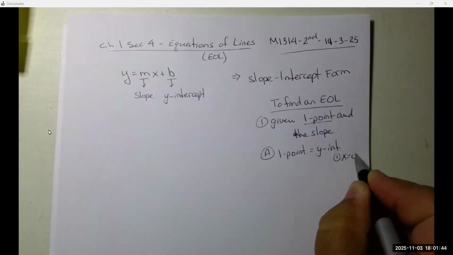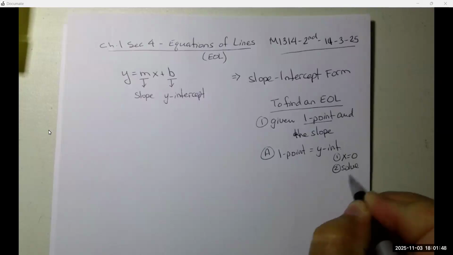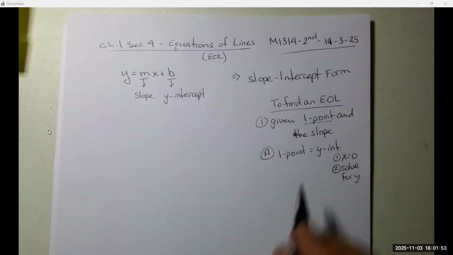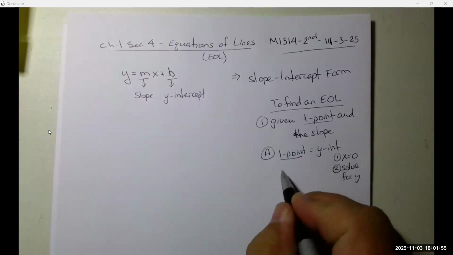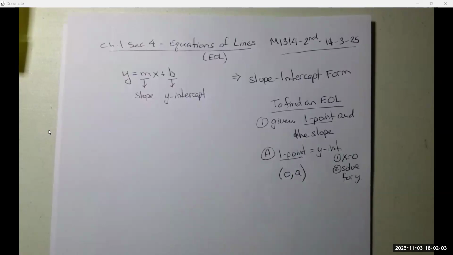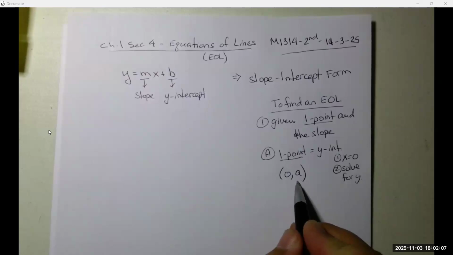Set x equal to 0, solve for y. So the point we're going to look at this time is 0 and some number here. Let's call it a. Whenever the x is 0, whatever this is, that's your y-intercept.